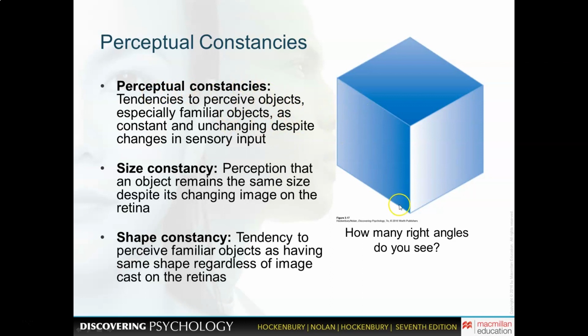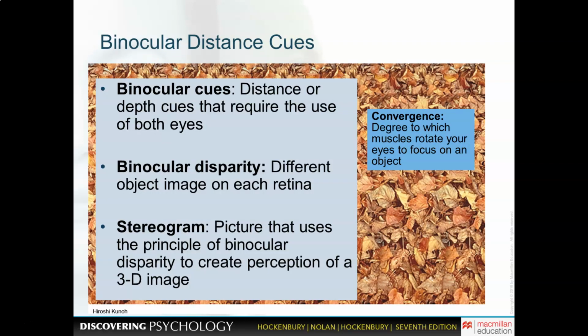Take, for instance, this. We look at this and we go, okay, I know that this part right here is a square, and these are a bunch of squares stuck together that make a cube. That's constancy. You've stored that information in your brain over a long period of time, and you've developed a type of perceptual constancy that allows you to see that. So that's all we need to know on this.